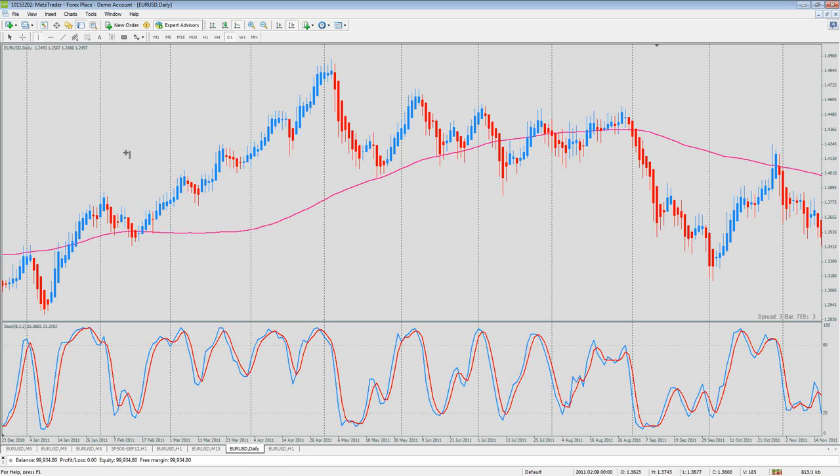So let's say we're looking here after this reversal candle. For long, this gives us a doji, but again, it doesn't have to be a reversal candle, but we're looking for the Heikin Ashi to change from red to blue if we're looking for long positions, and we're looking for the price to start going above the 100 SMA.